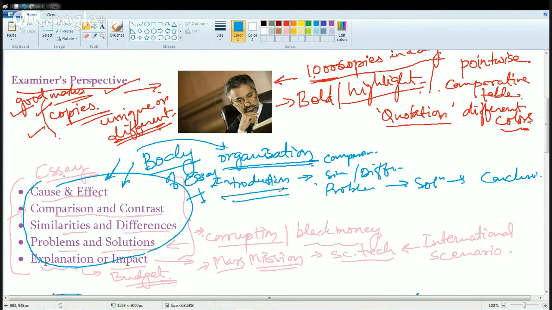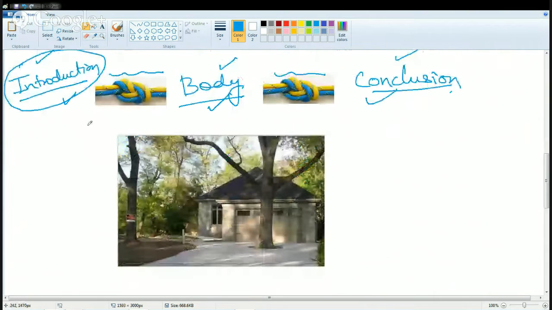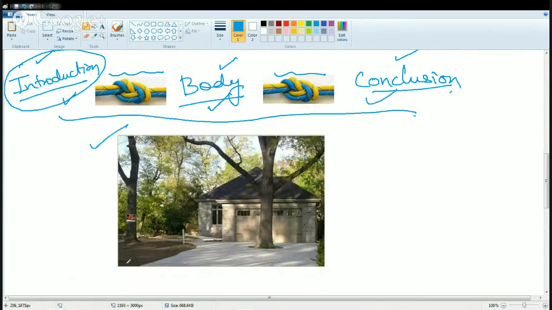Now, whenever you are trying to form an introduction or write an essay, what is important? Can you see this picture and find something unique here? The most important thing here is that the entry to the house is obstructed by this tree. You cannot move into the house because the entry is restricted. Similarly, your thoughts should not be obstructed.